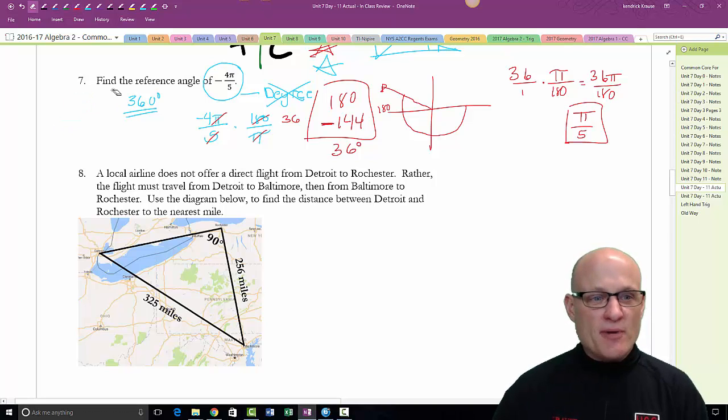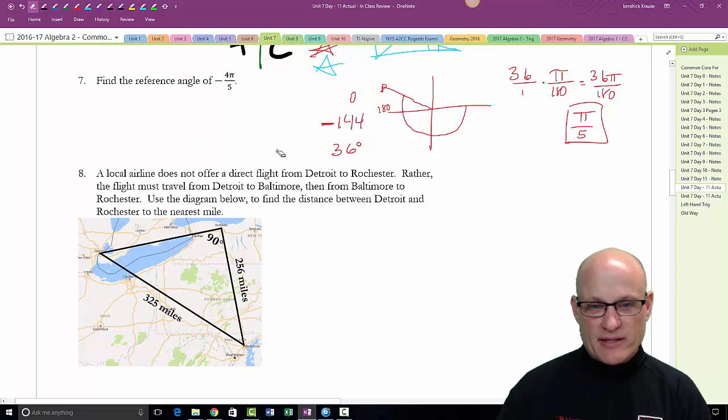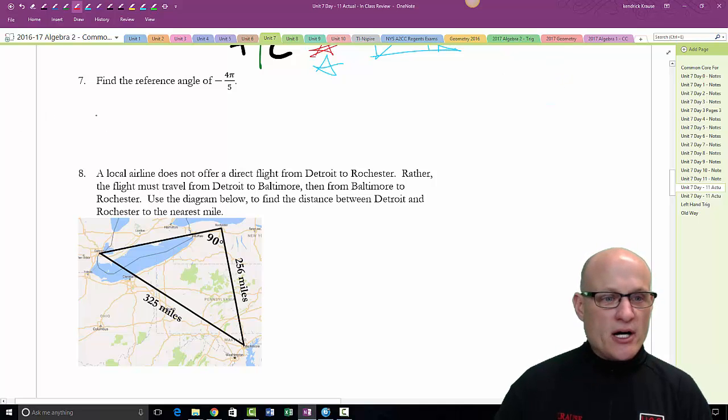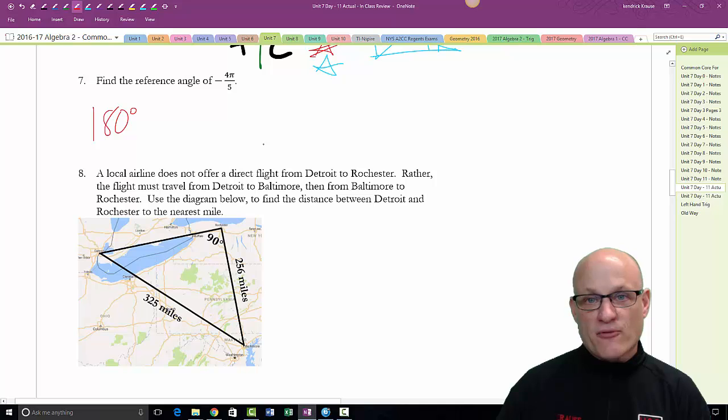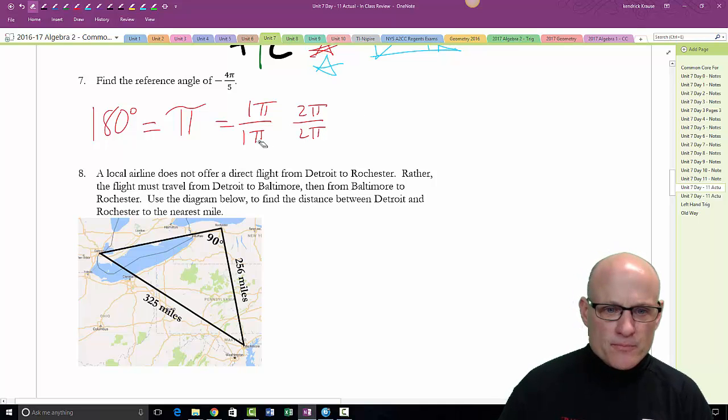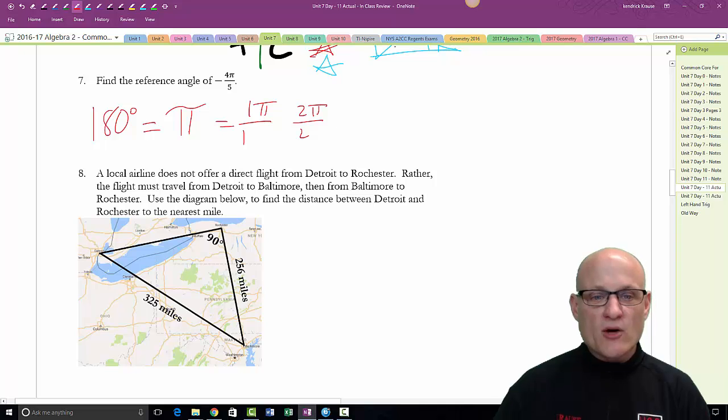Now, for those of you that really want a faster way, because that was about 10 times too much work, you can always do this. Remember, 180 degrees is equal to pi. Another way to write pi is 1 pi over 1, 2 pi over 2, 3 pi over 3, 4 pi over 4, or 5 pi over 5.